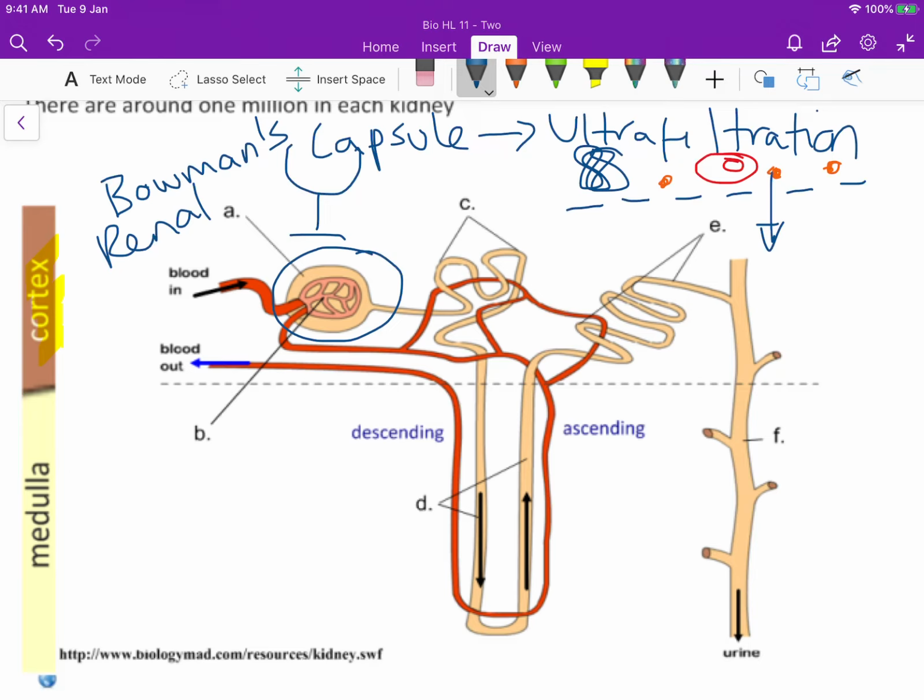So ultrafiltration is the first thing that happens in Bowman's capsule. The blood flows in, gets filtered, and flows out.